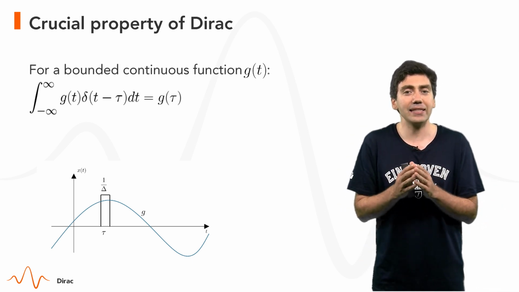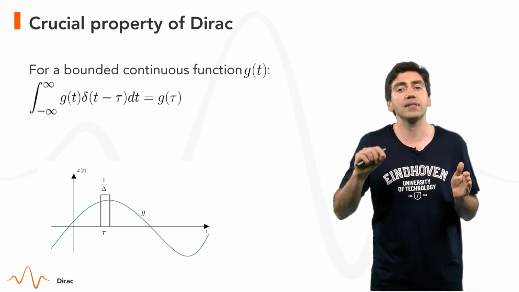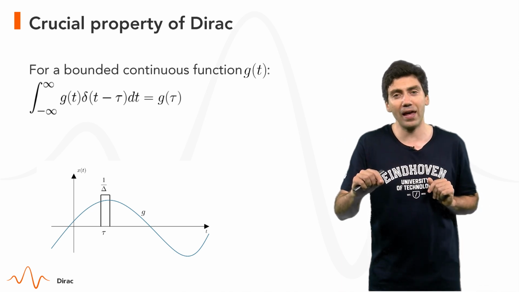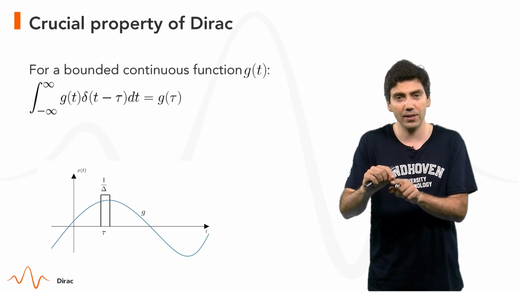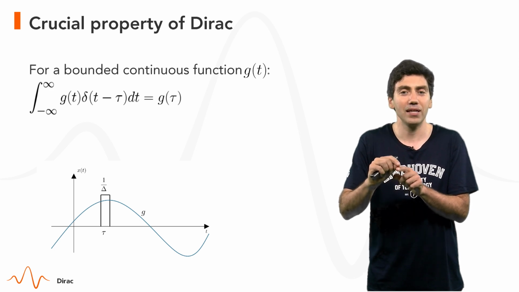This Dirac delta of t minus tau is now centered around time tau. So we have a function, once we multiply by the Dirac, it's going to be 0 everywhere except when t equals tau. So just around this time, when t equals tau, this function is going to be non-zero.